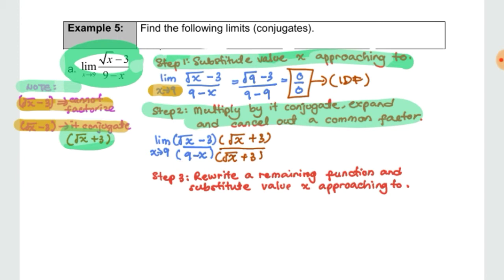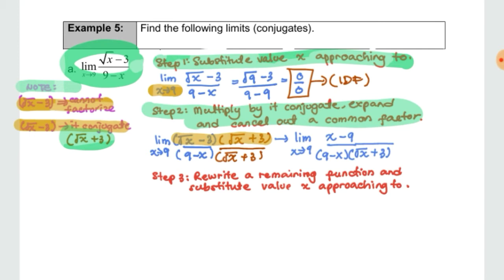And then this part multiplied by its conjugate, we must expand and we get the limit of x minus 9 over 9 minus x multiply square root x plus 3, x approaching 9.